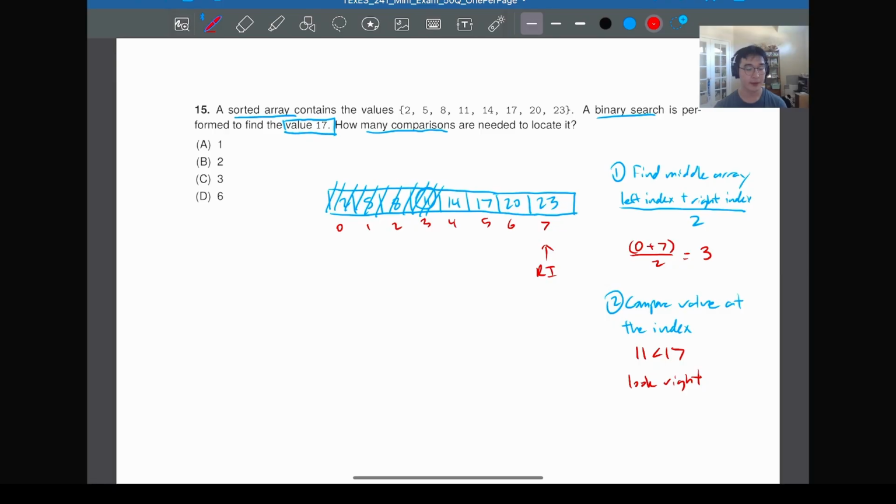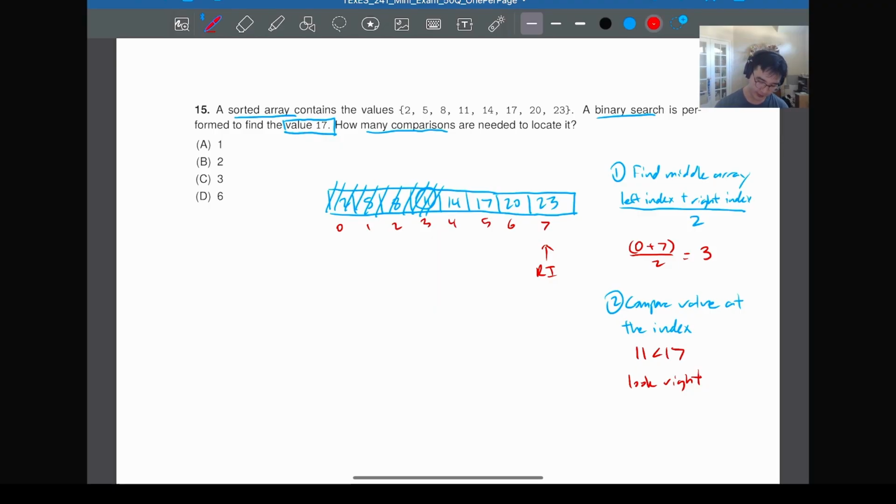Okay. So now we have to, once again, determine where to look. And notice how I eliminated half of it. Well, what is my new search space that I'm going to be looking through? It's going to be indexes 4, 5, 6, and 7, right?